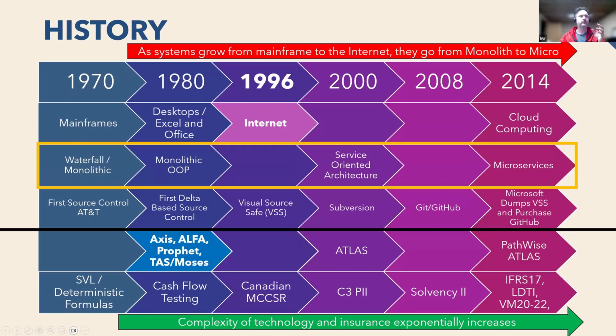If you look here, this is a busy slide, but what I want you to see is in the bottom left, that most actuarial software was built before the internet and had its genesis before the internet. The only ones that really didn't were Atlas or PathWise, but everybody else pretty much had their genesis there.